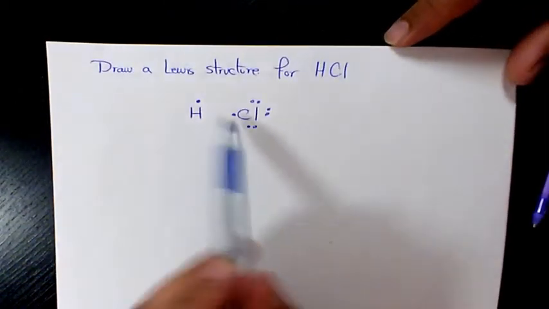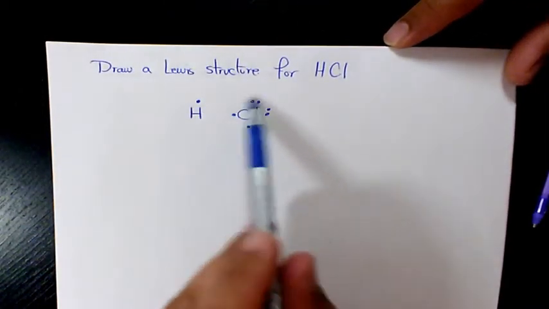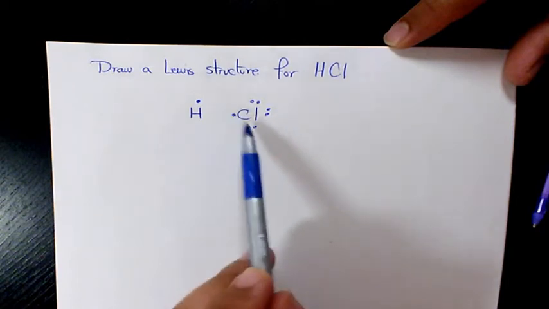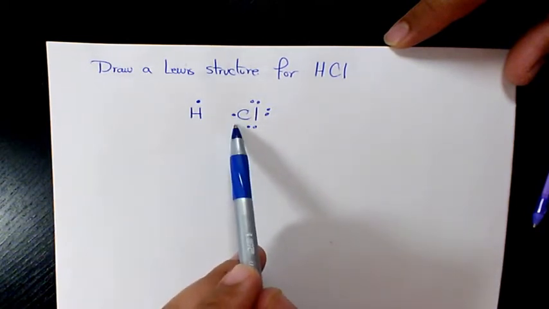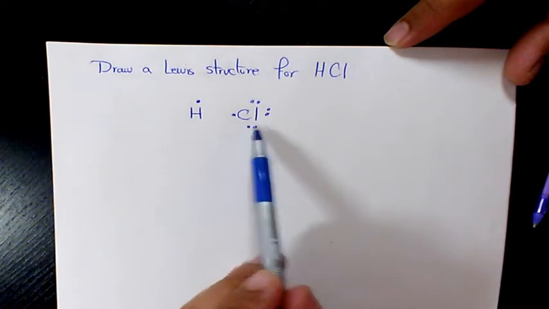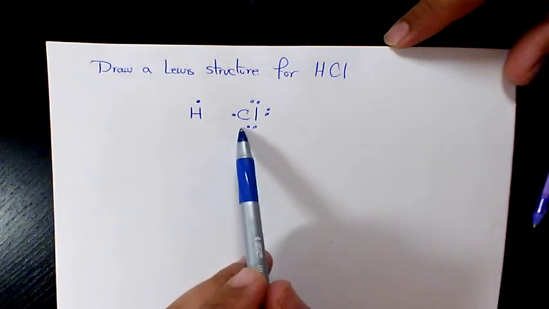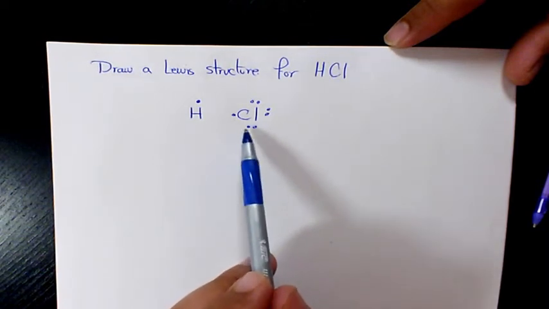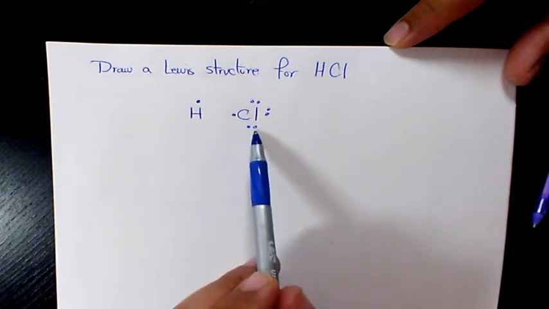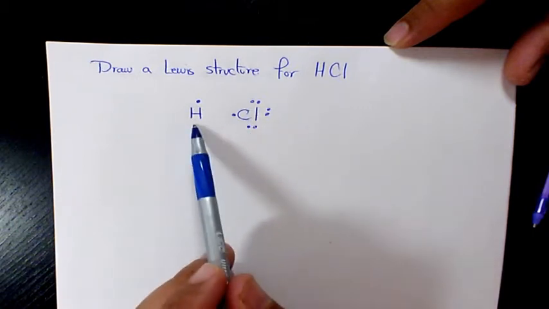So the bonding capacity, as you see here, for chlorine is going to be 1, because it has to get the same electron arrangement as noble gases, which we call the octet rule. So we need to have 8 electrons for them, but there is an exception for hydrogen, which we call the duet rule.